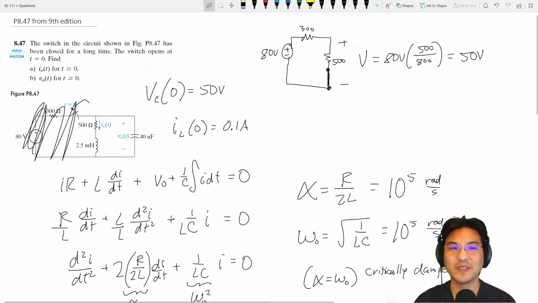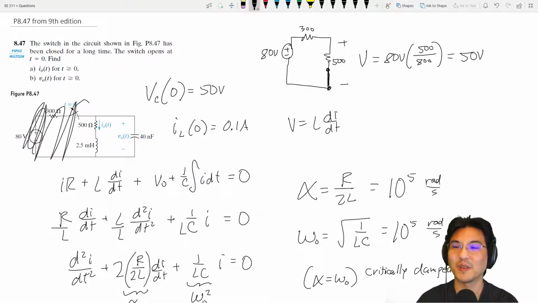We knew the voltage, let's just say this way, for the inductor. Oh, it looks like I erased it. Okay. Remember that it looks like this? Before the current was going, it was a constant.